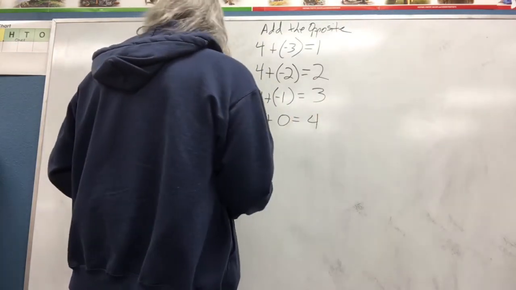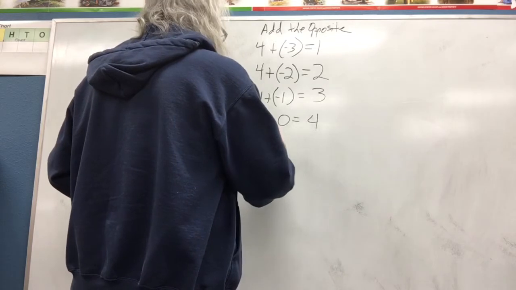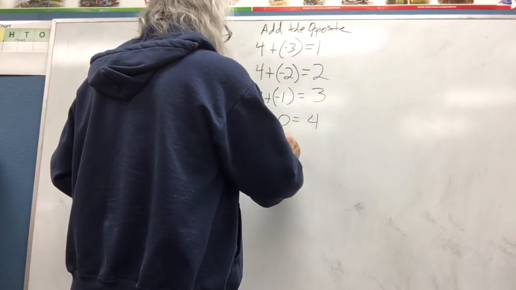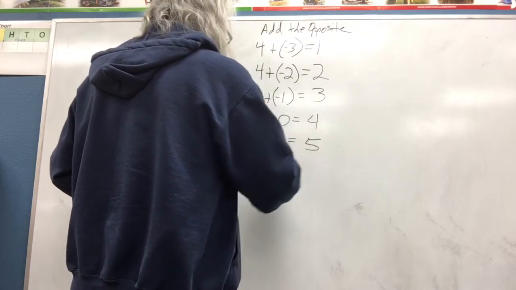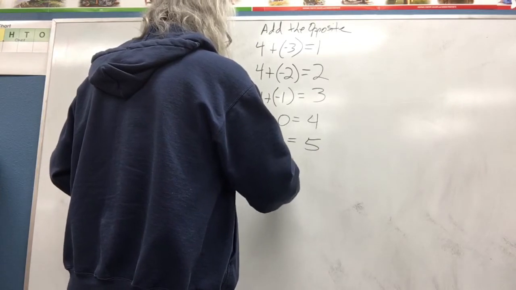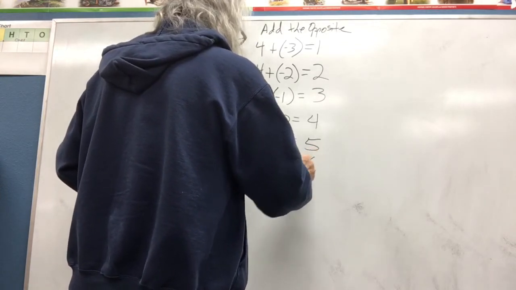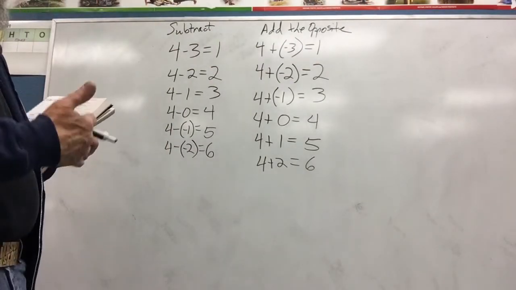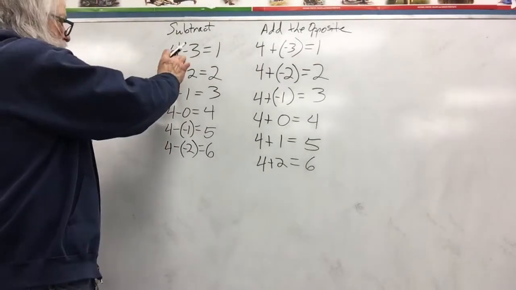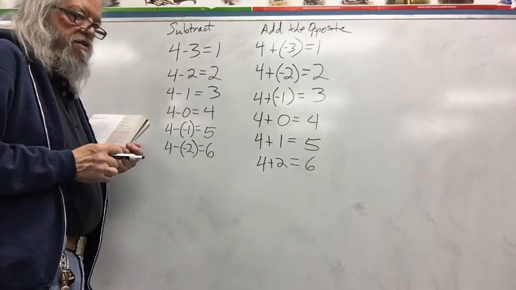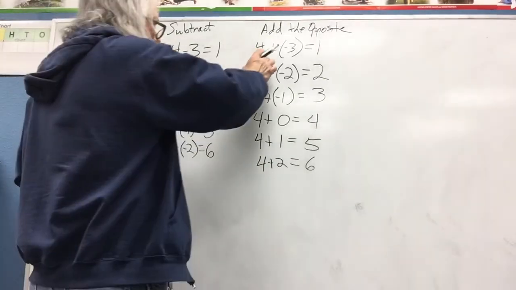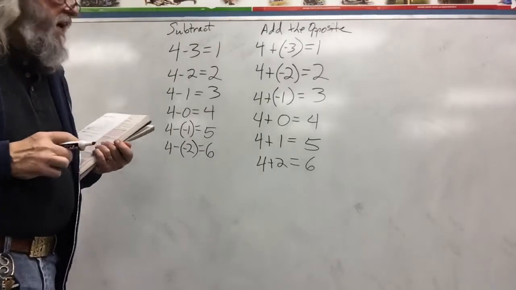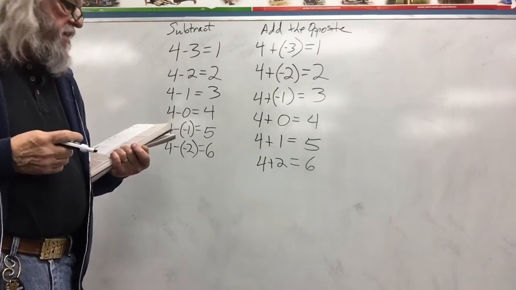Then 4 plus 1 equals 5, and 4 plus 2 equals 6. So notice we're doing something different. Here we're subtracting a positive. Here we're adding a negative or a positive. We're adding the opposite.